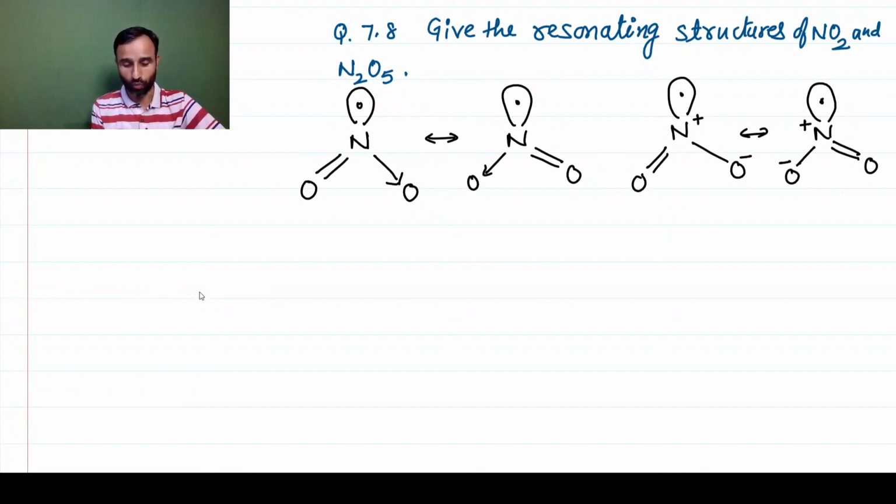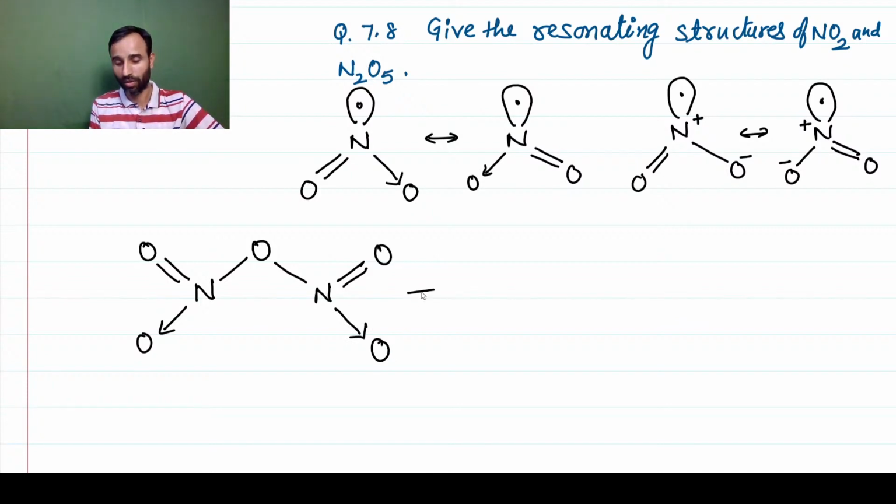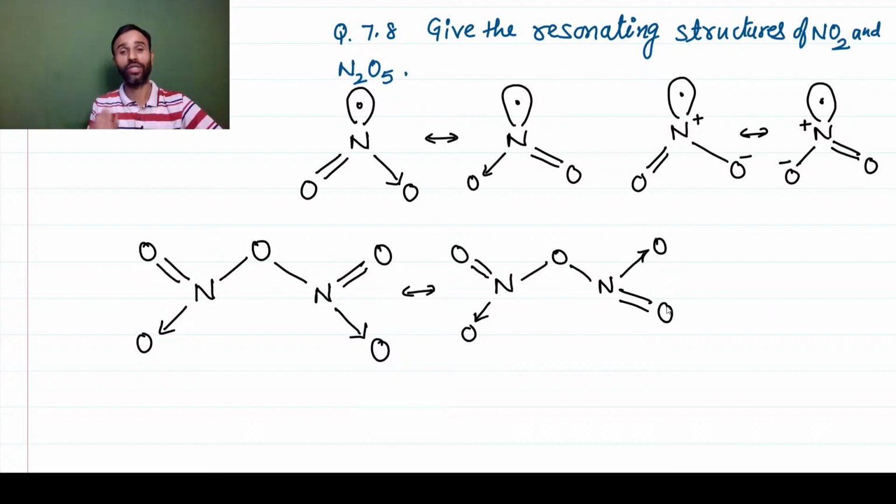Now come to N2O5. So in N2O5, its structure is like this, or like this.